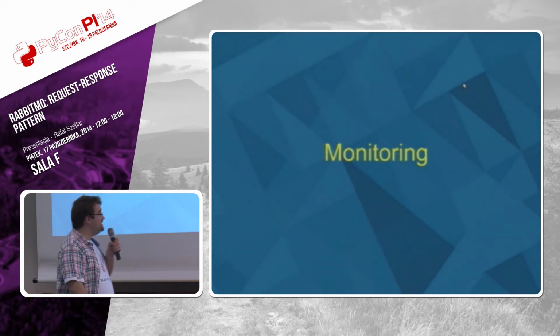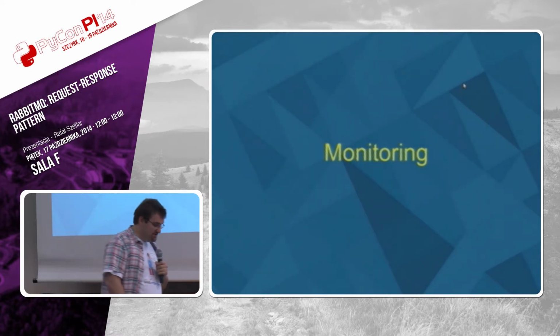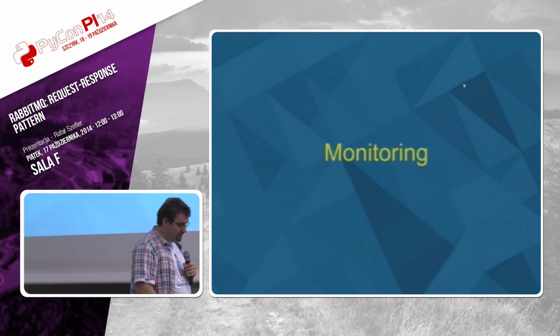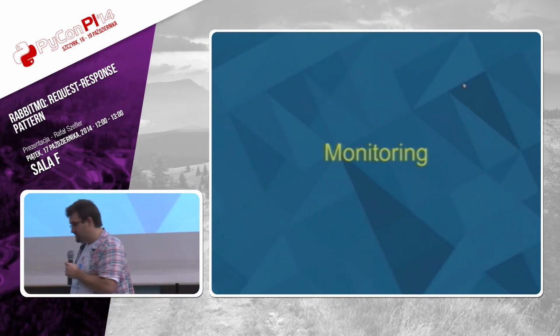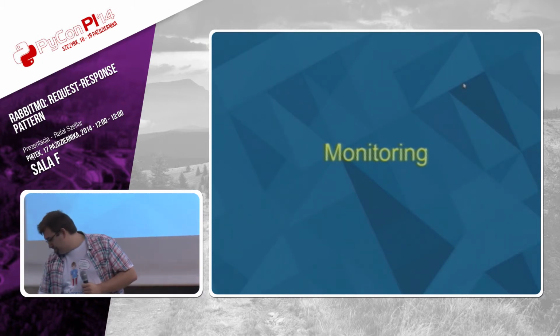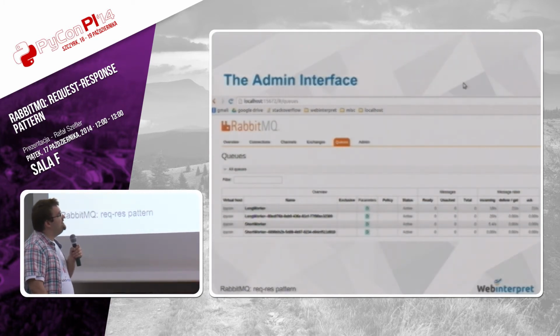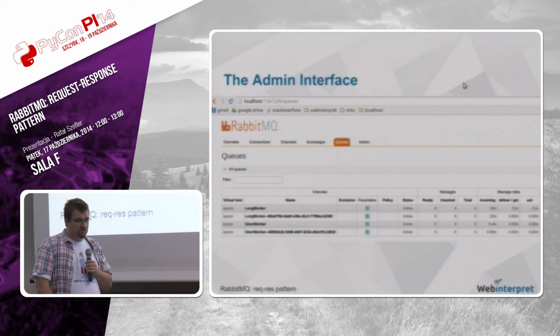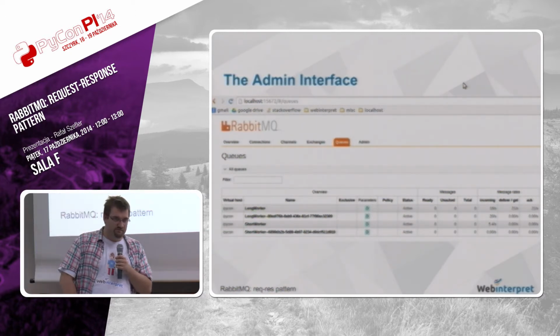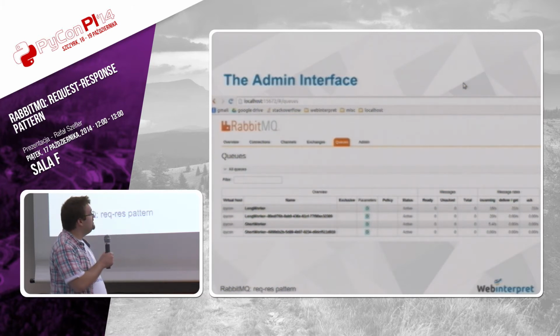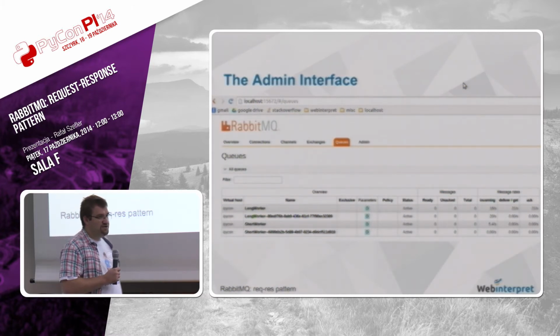Right. Monitoring. I've said it is very easy to monitor performance. So let's have a look. RabbitMQ is shipped with an admin interface. As you can see, there are lots of stats here. Let's say that I am running this long worker and I want to check the performance.